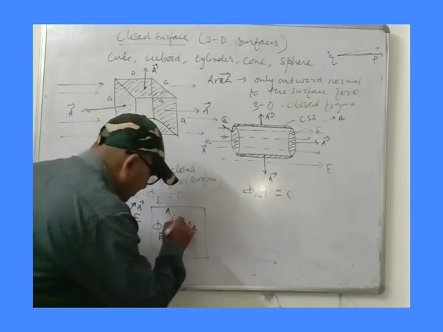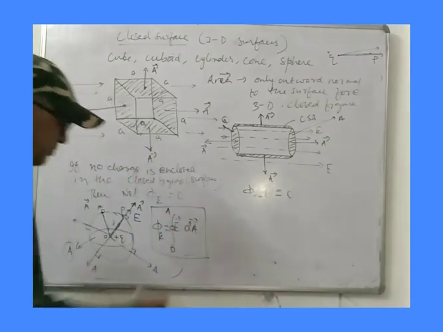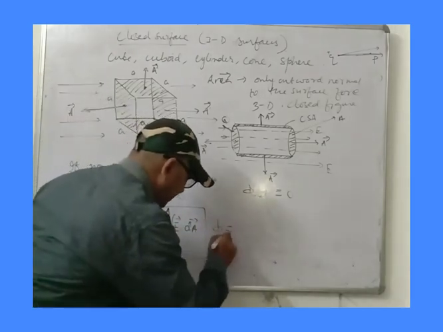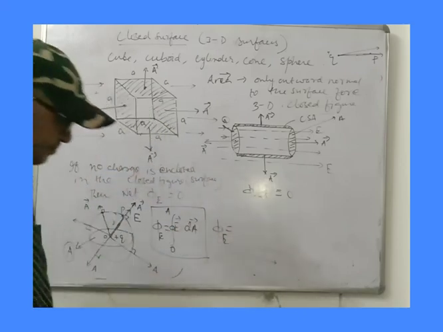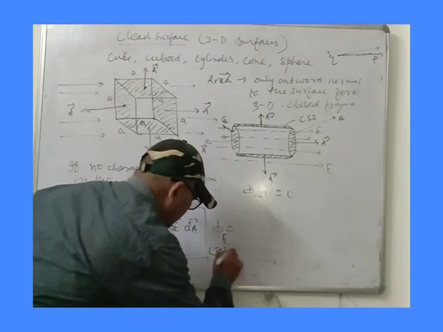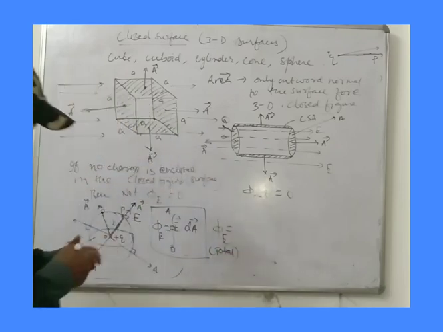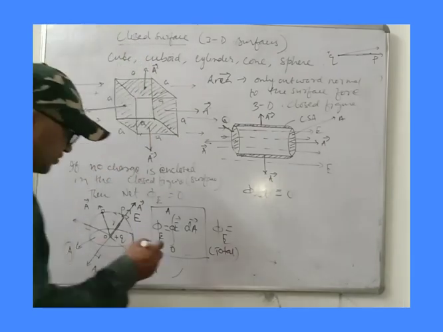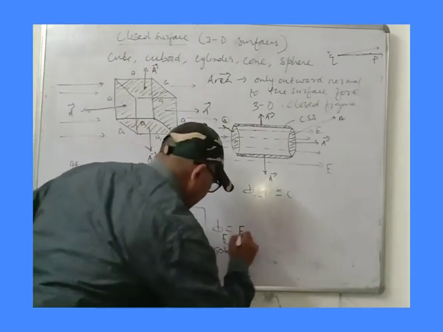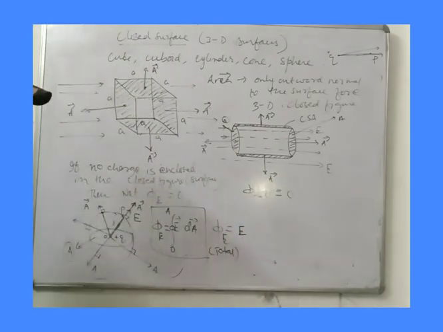E is a vector. That means phi E total is equal to E. Can we take E constant?